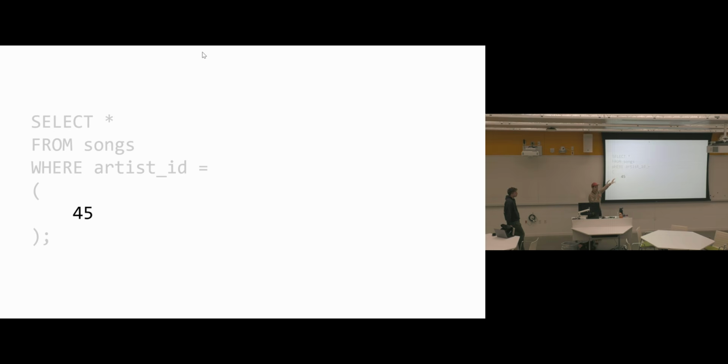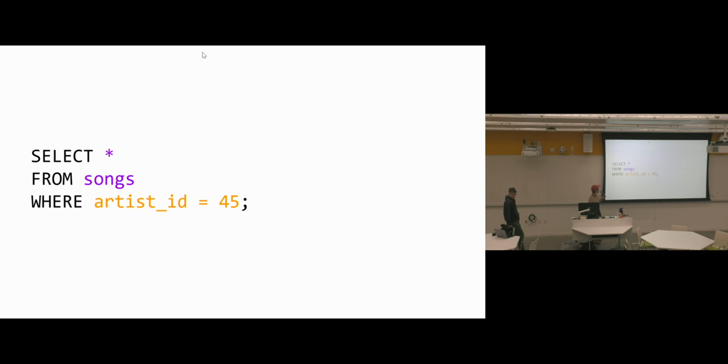Everything that's inside there resolved to 45. And now your query becomes select star from songs where artist ID is equal to 45. Your original goal is to select songs from Oh Wonder. The idea of a song being from Oh Wonder simplified in computer terms to artist ID equals 45.